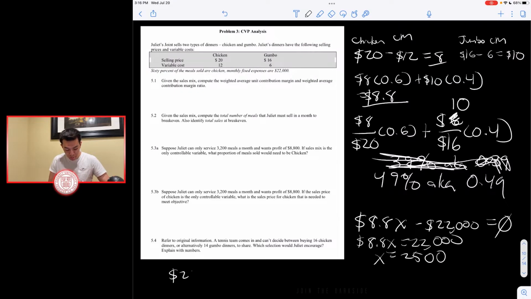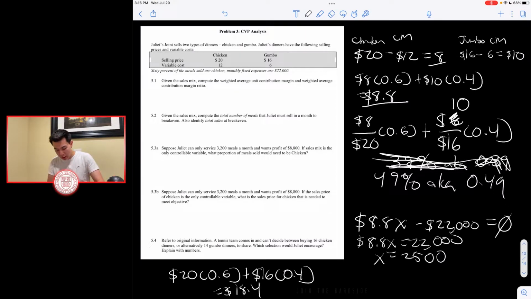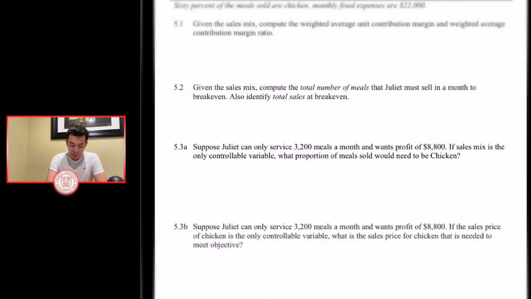So we're going to do 20 times 0.6 plus 16 times 0.4, and from doing that, we get 18.4. This is the weighted average selling price. Multiply that by 2,500 and we get $46,000. So if he makes $46,000, he's going to be making no money and no losses by the end of the period. Now let's look at 5.3a.